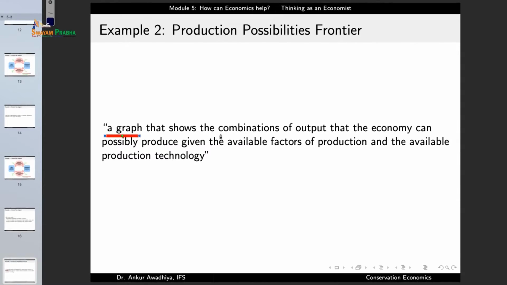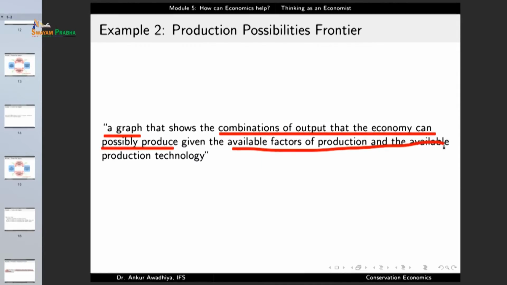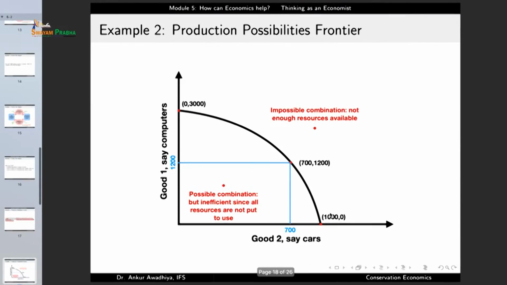It shows the combinations of output that the economy can possibly produce with the constraint of the available factors of production and the available production technology. So given the available factors of production and given the production technology of the time and place, the different combinations of output that can be produced are shown by the production possibilities frontier.